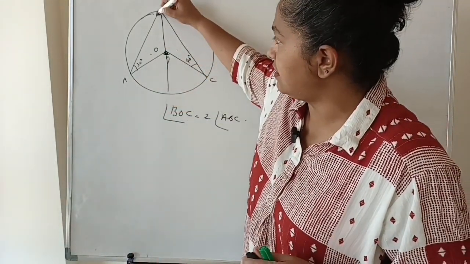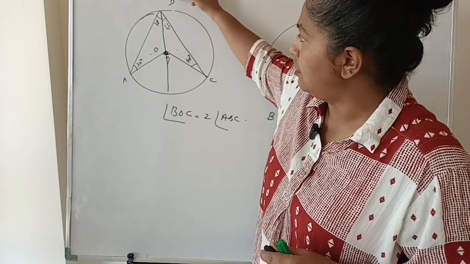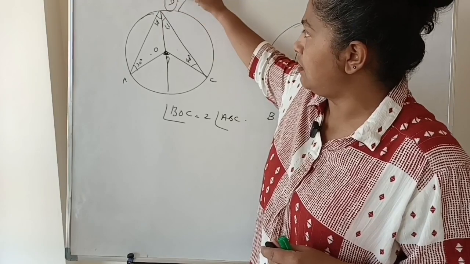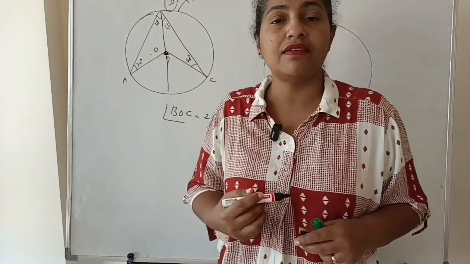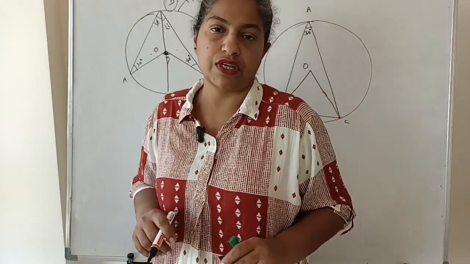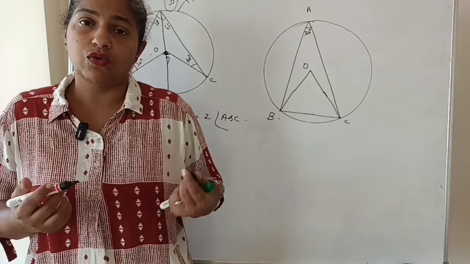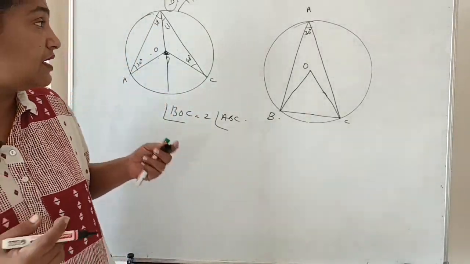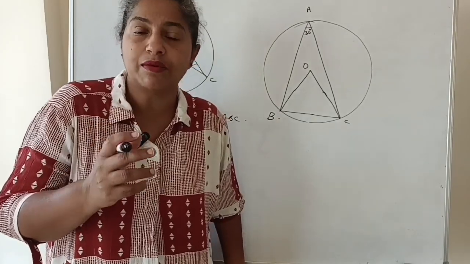So if this angle is 30, this is also 30. If this angle is 40, this is also 40. So what is angle B over here? Angle B is 70. So what can you say about this angle? It is twice that of angle 70, which is 140. Direct application of the theorem, a very simple sum. So please try out more sums like this, because there are so many ways in which this sum can be asked.